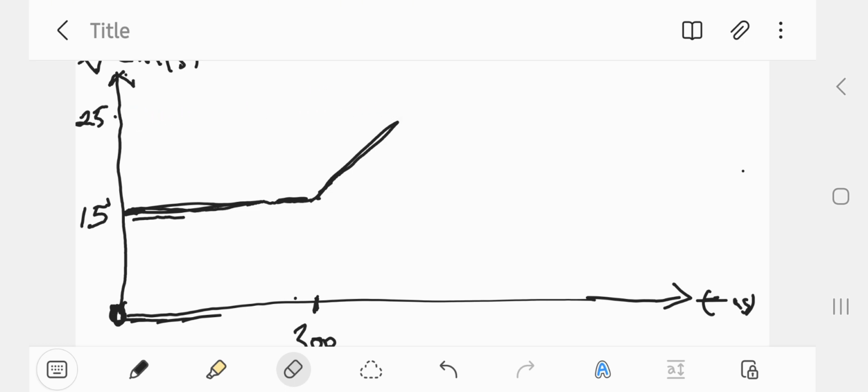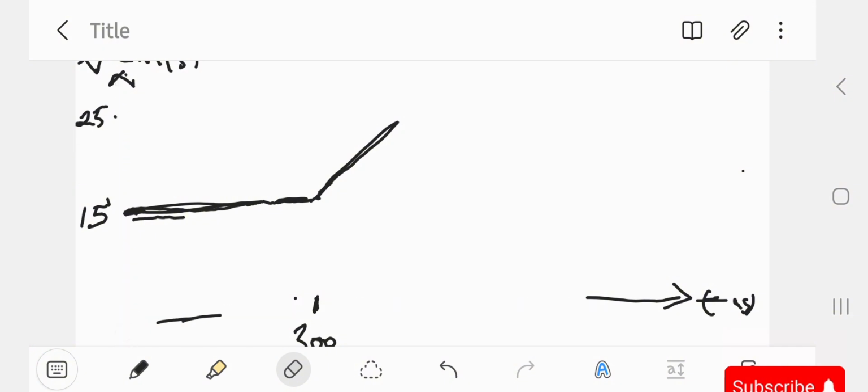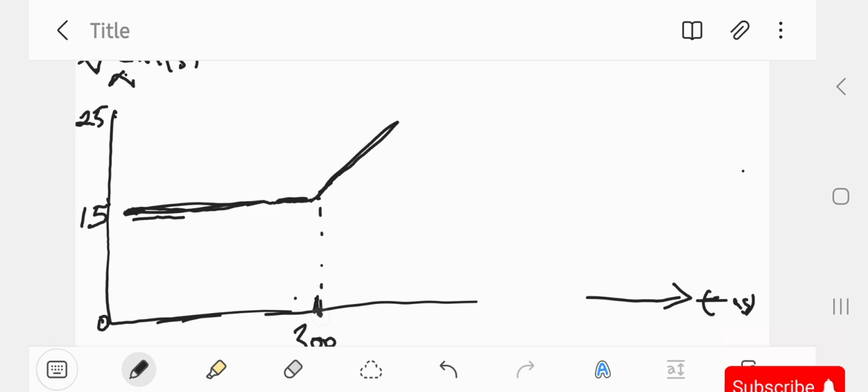Once we've done that, we now check the time. The car accelerates to a speed of 25 meters per second over a period of 20 seconds. Remember, from here to here is 300 seconds.